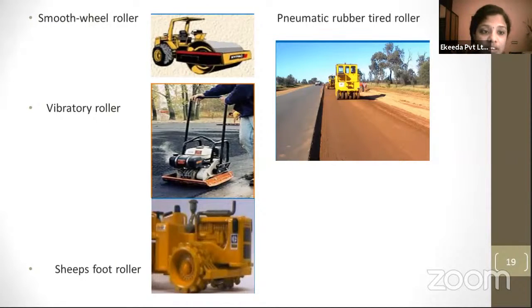First is smooth wheel rollers, vibratory rollers, sheep foot rollers, pneumatic rubber tire rollers. So these are various roller types. Hope you have seen these types of rollers on roads. When you use these rollers, the water or the air inside the voids gets expelled out and the density of the soil increases.